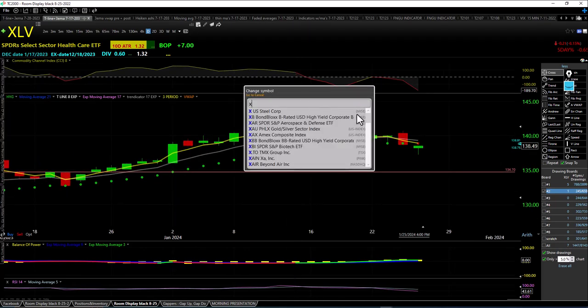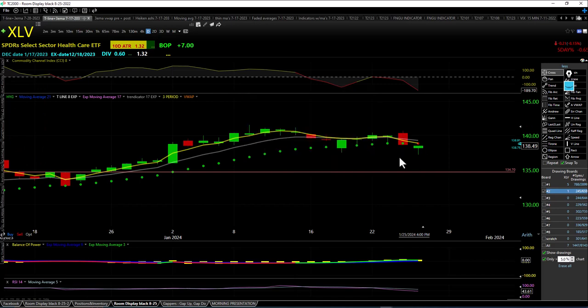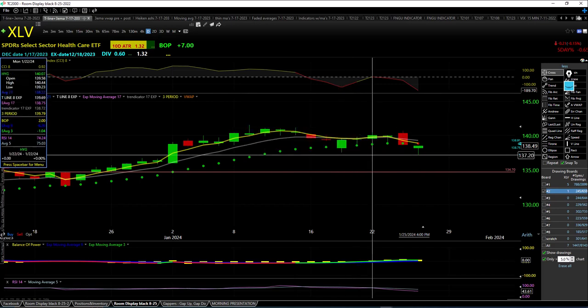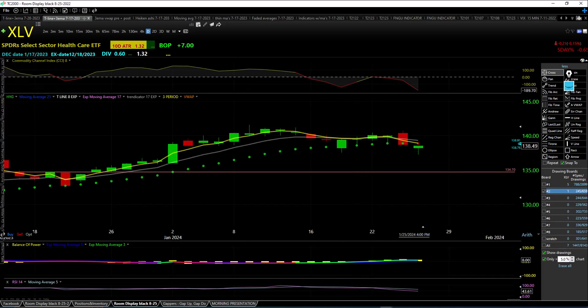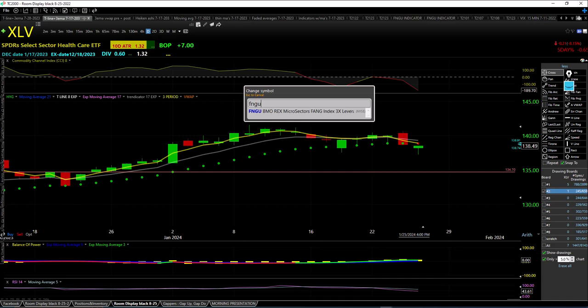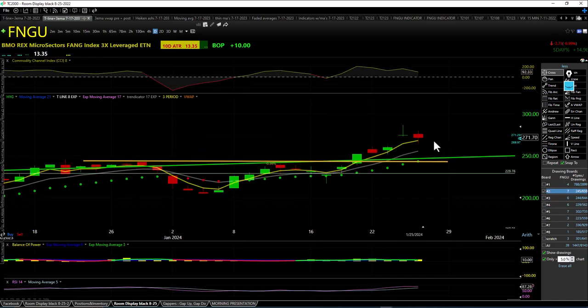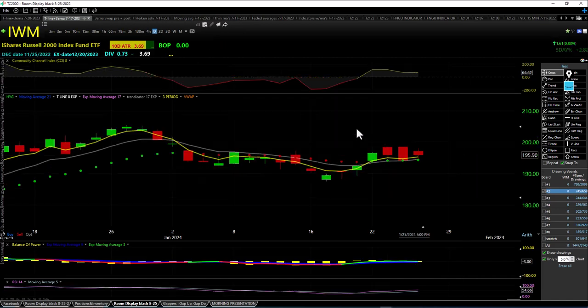So they all closed at the high of the day, which was strange, because FNGU did not seem to have that much control. If you look at the FNGU candle, nowhere near the high of the day. And if you look at the IWM candle, nowhere near the high of the day.